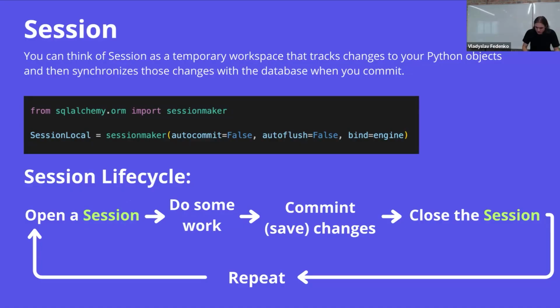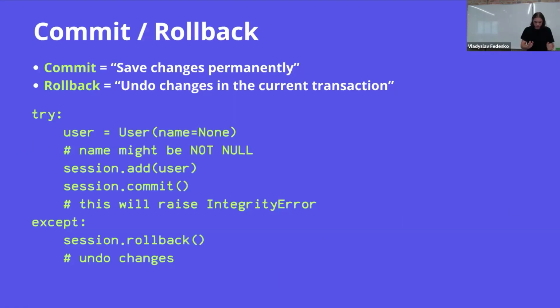It's pretty abstract, and I think you don't need deep knowledge of how session maker works under the hood, but you should have a basic overview. So next, let's talk about methods. We have commit and rollback.